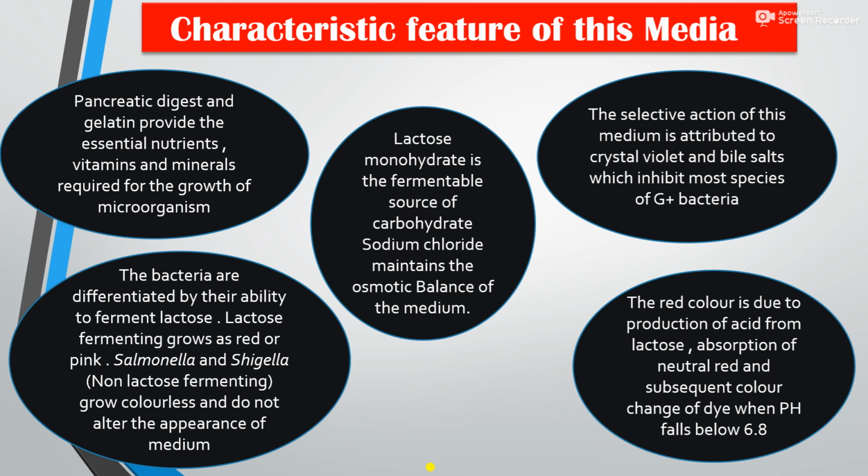It changes its color when the pH falls below 6.8, and so different colors are observed for E. coli, which makes the pH fall below 6.8, and the other non-lactose fermenters, which do not ferment lactose, so the pH is not below 6.8.